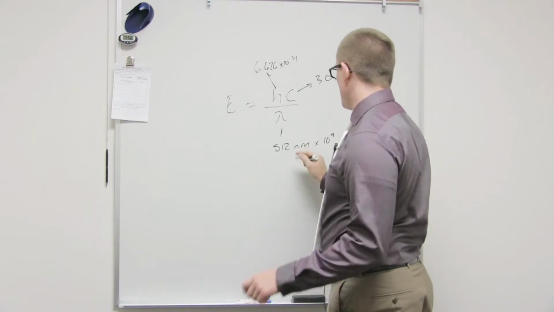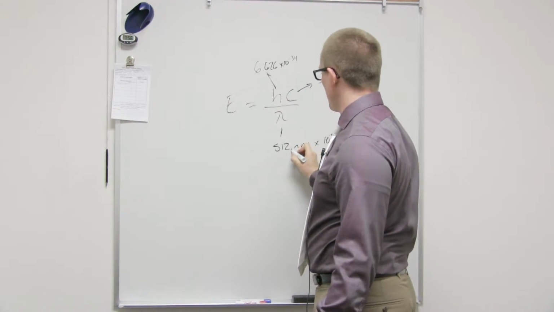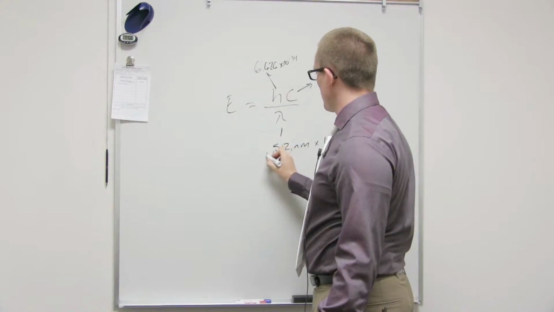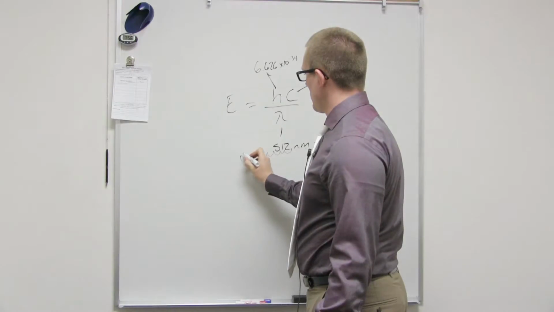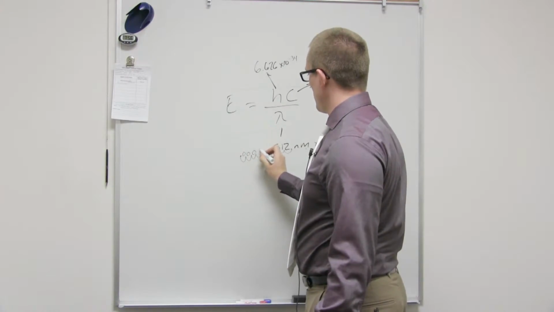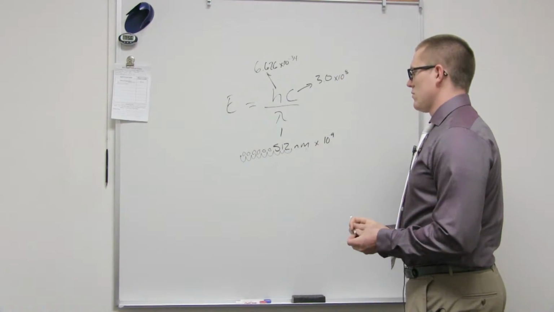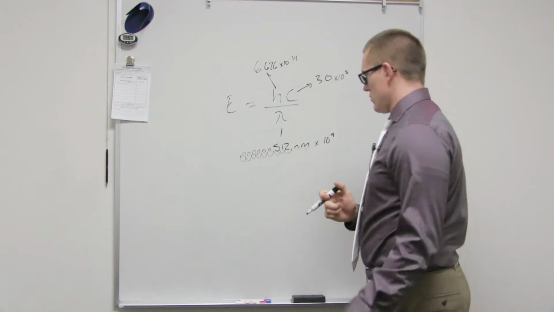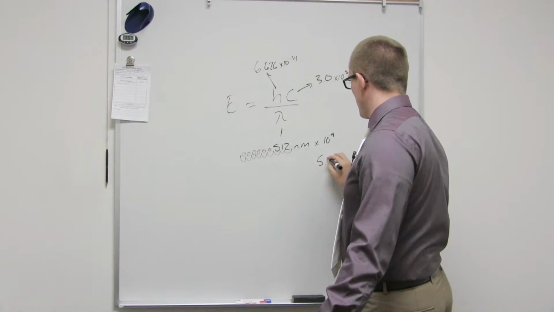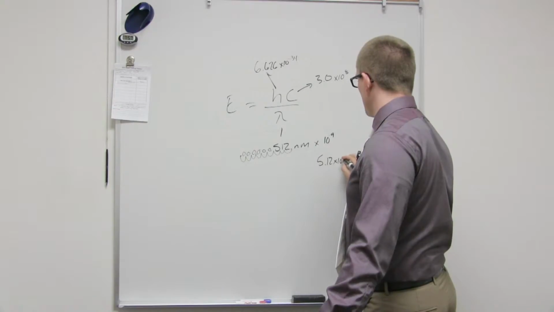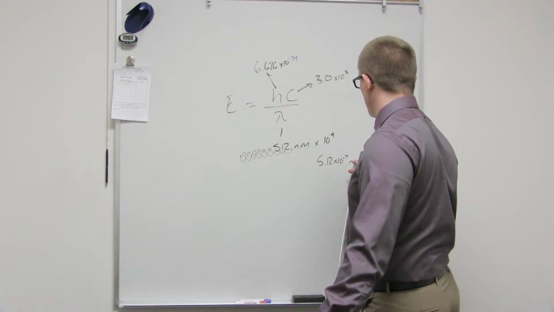So we would just take the decimal place that's right here and move it over 1, 2, 3, 4, 5, 6, 7, 8, 9. So it should end up being like 5.12 times 10 to the -7th meters.